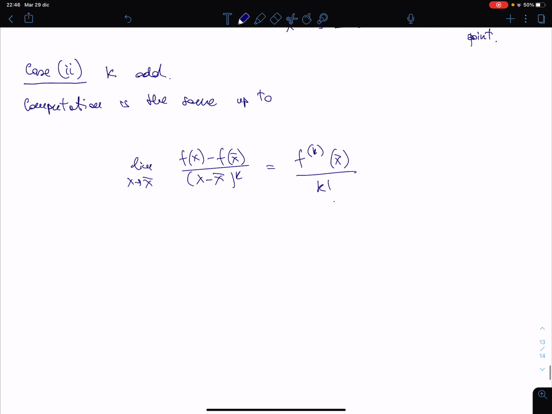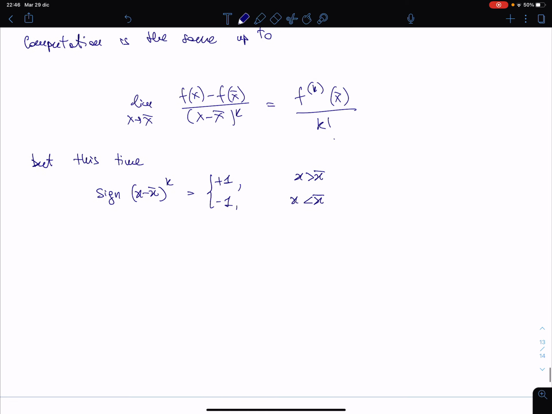But this time, since k is odd, we have that the sign of (x minus x bar) to the power k is equal to plus 1 if x is larger than x bar, and minus 1 if x is smaller than x bar.